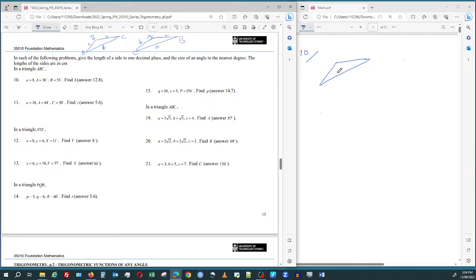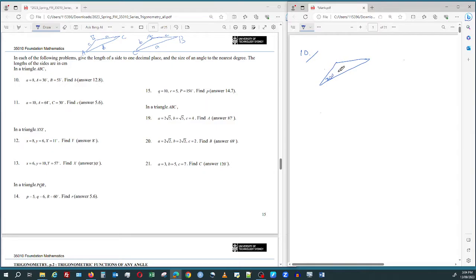Okay, so in this case for part 10, A is an angle, an apex, a 30-degree angle. B is a 53-degree angle, so I might make that one a bit bigger. So I'll go A is 30, I'll put 30 there, and 53 is over here.